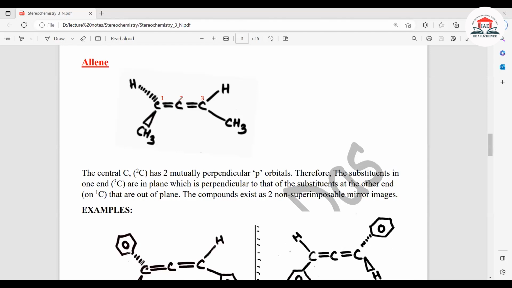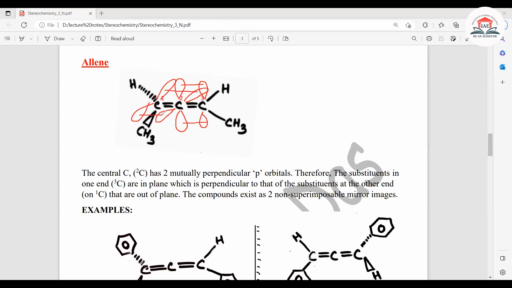So that means if on carbon number 2 one p orbital is residing like this, another one will be residing at an angle of 90 degrees to that one. So if carbon number 3 forms the pi bond like this in plane, then carbon number 1 must be forming the pi bond out of plane like this.